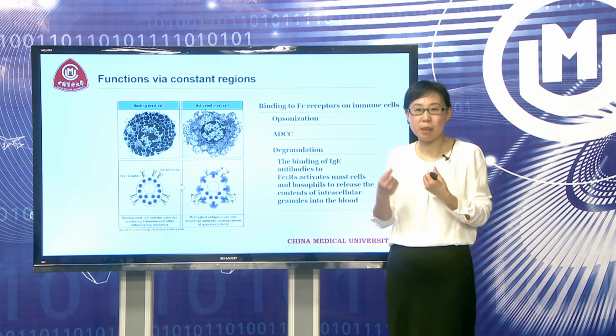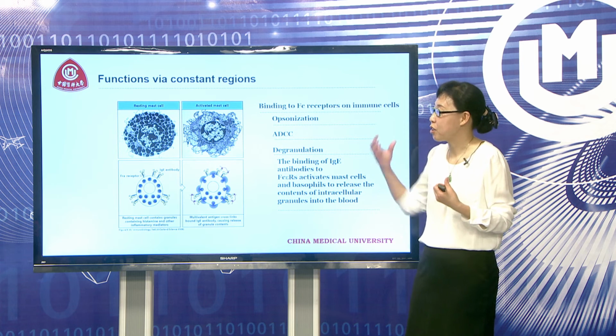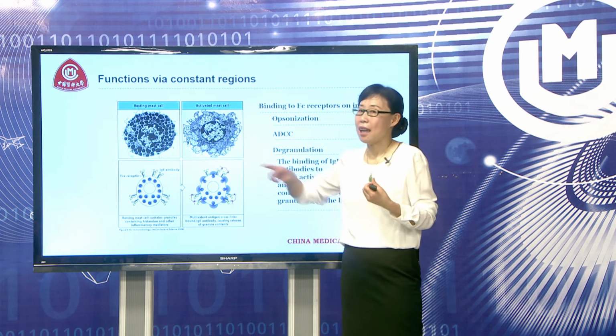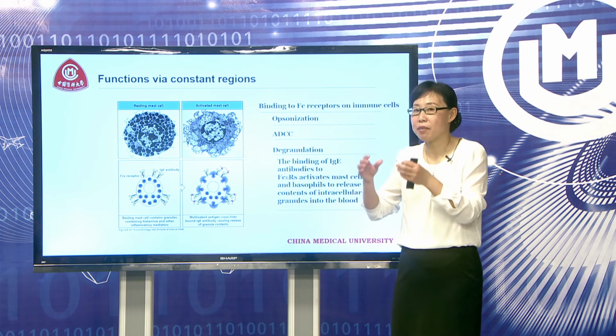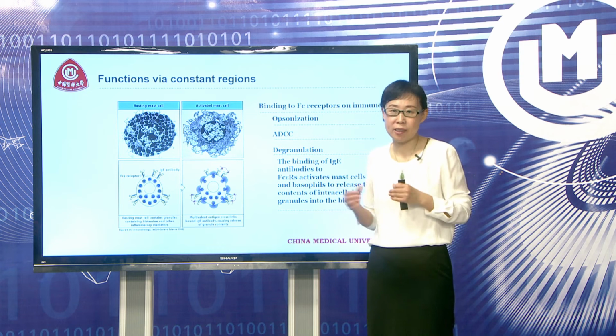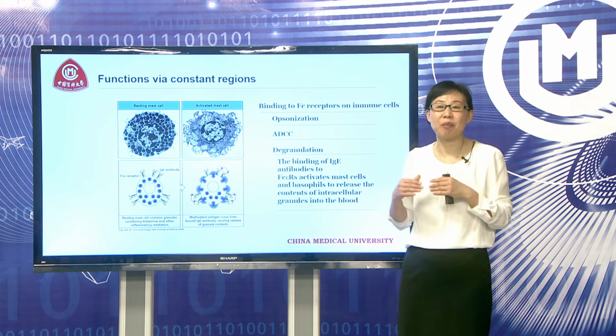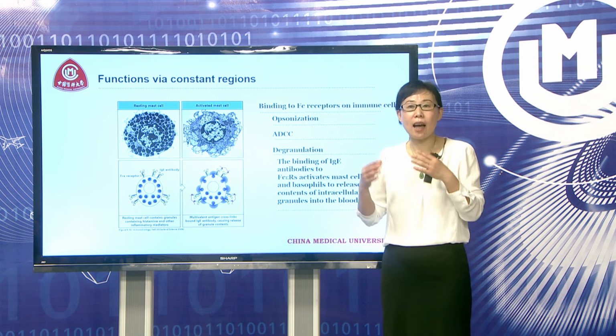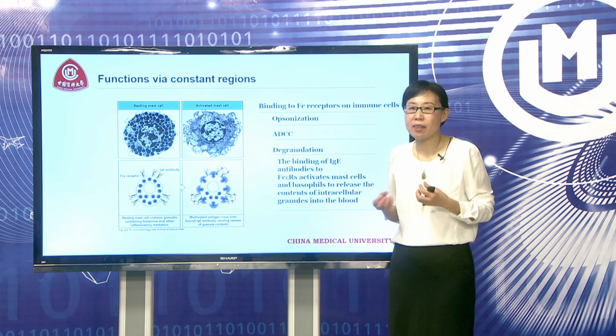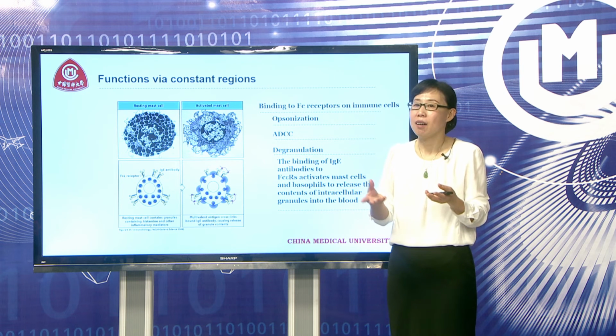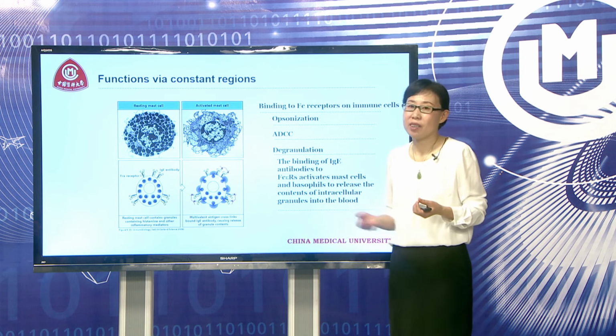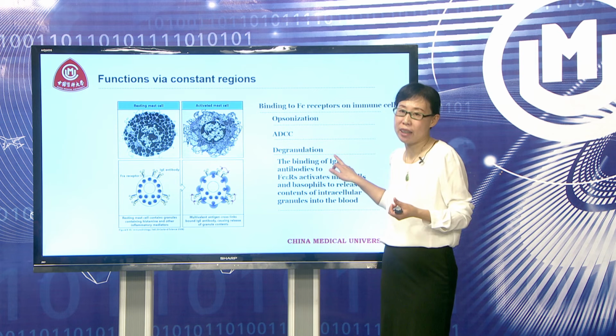They perform similar functions. They have intracellular granules, and within the granules they have some inflammatory mediators, such as histamine. And once they are activated, those mediators can be released out of the cells. This process is called degranulation.